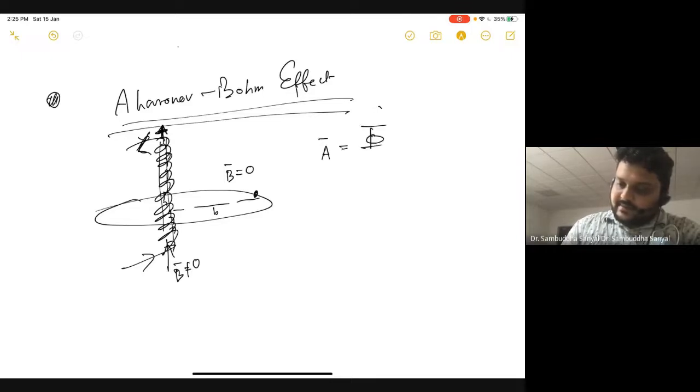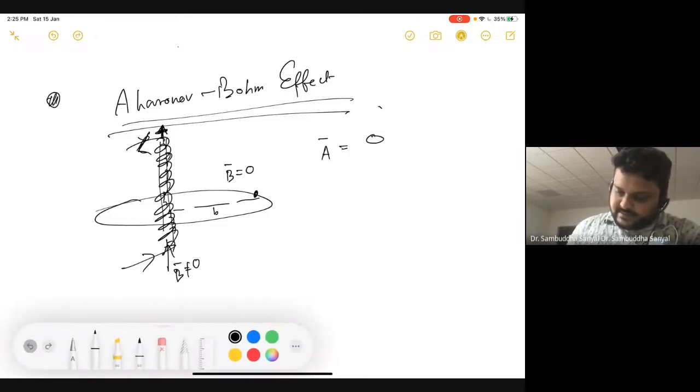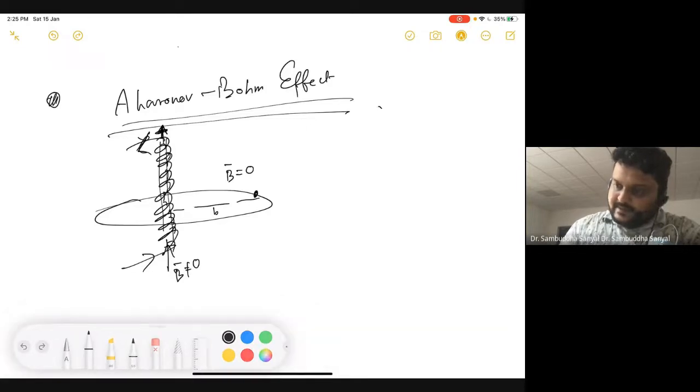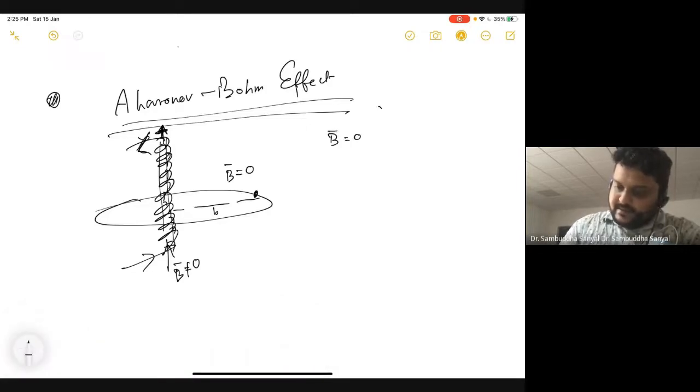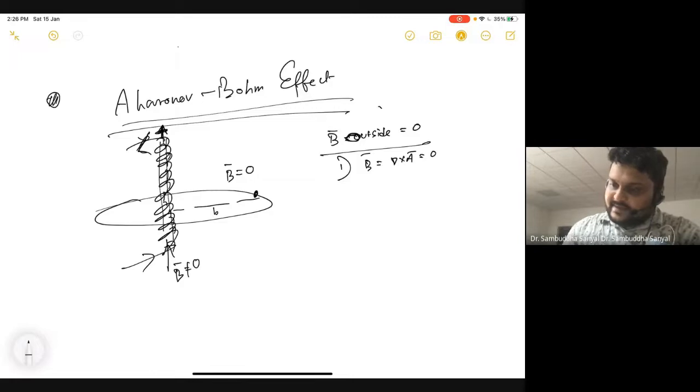You can write down the vector potential. Let's write it down more clearly: B is zero outside, and inside, and everywhere, A must satisfy two constraints. One is that B is curl A, so you have to find the A that satisfies that.